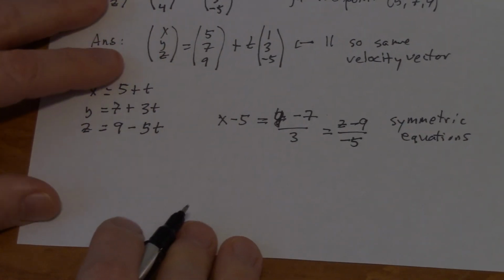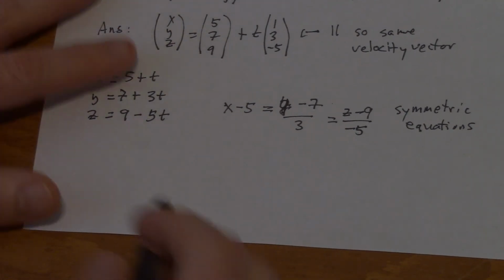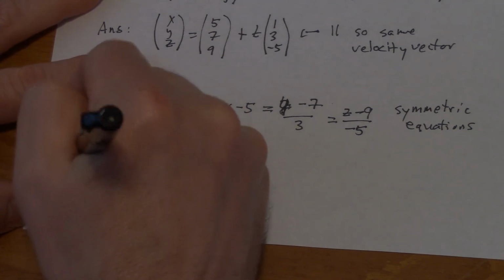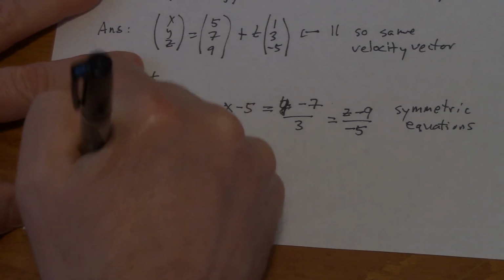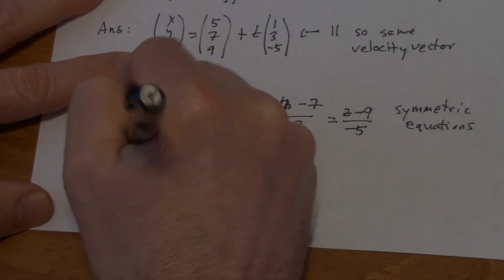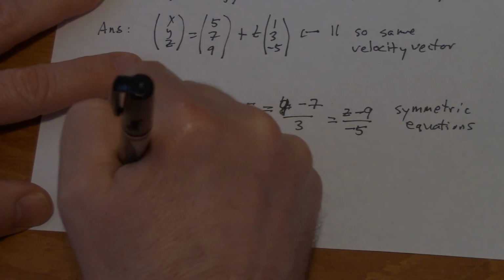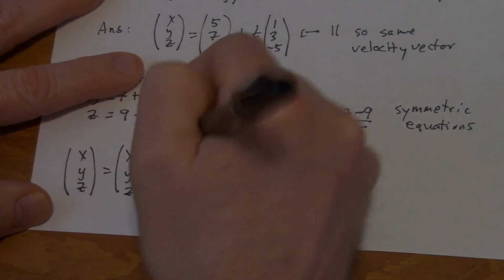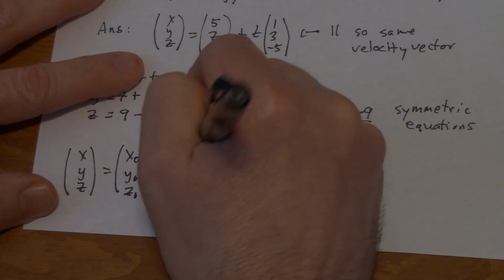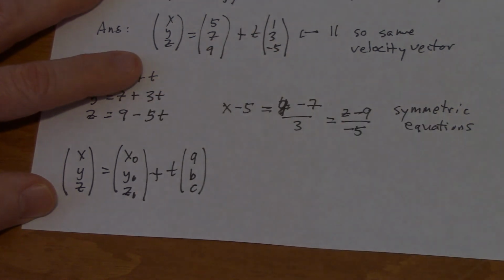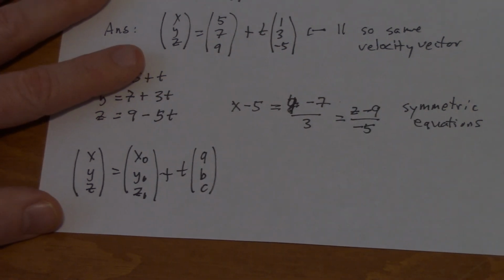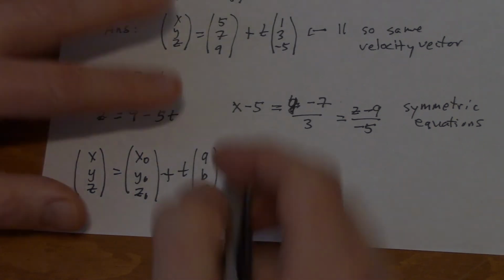And so lastly, let me write down all three forms. One form of a line would be (x, y, z) equals (x0, y0, z0) plus t times (a, b, c), which would be your velocity vector. This is the normal vector equation of a line. You can even combine it and make it one vector if you like.